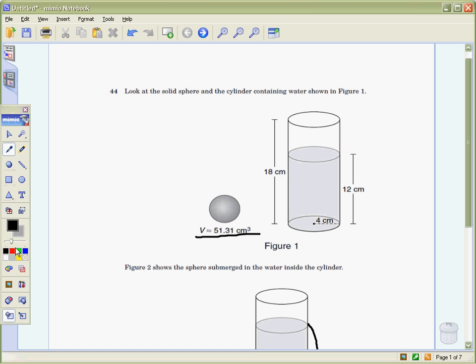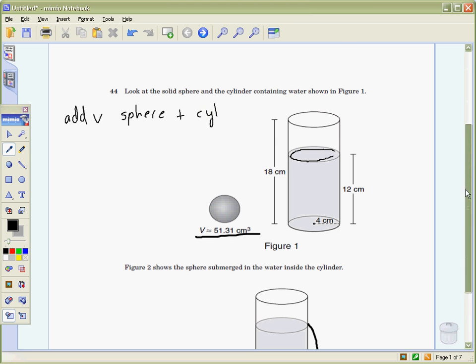So what we need to do is find, first of all, the volume of the water level here. We're not going to be looking for the entire volume of the cylinder. We're just looking at the water level. So we're going to find this volume. Then we're going to add the volume of the sphere and the cylinder.